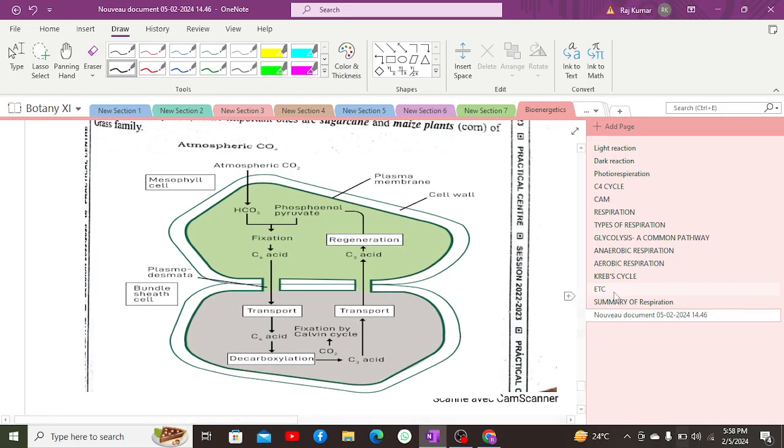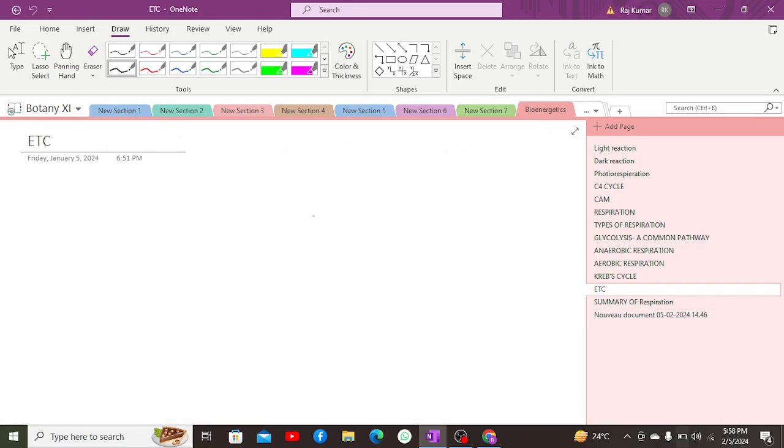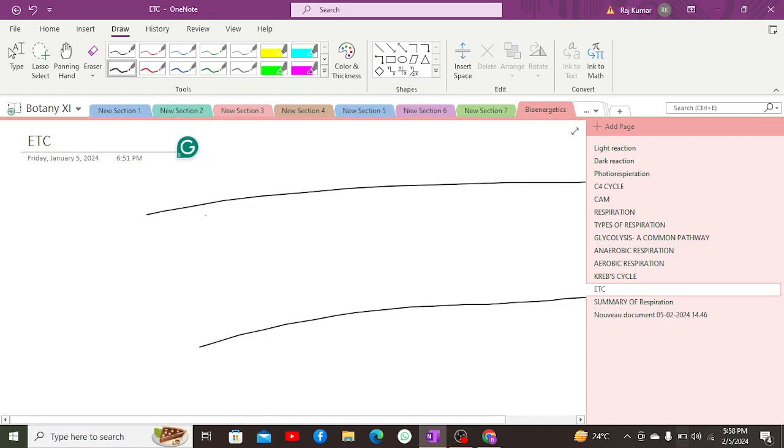Let me just try to draw a structure over here. Let's suppose this is the adaxial epidermis.